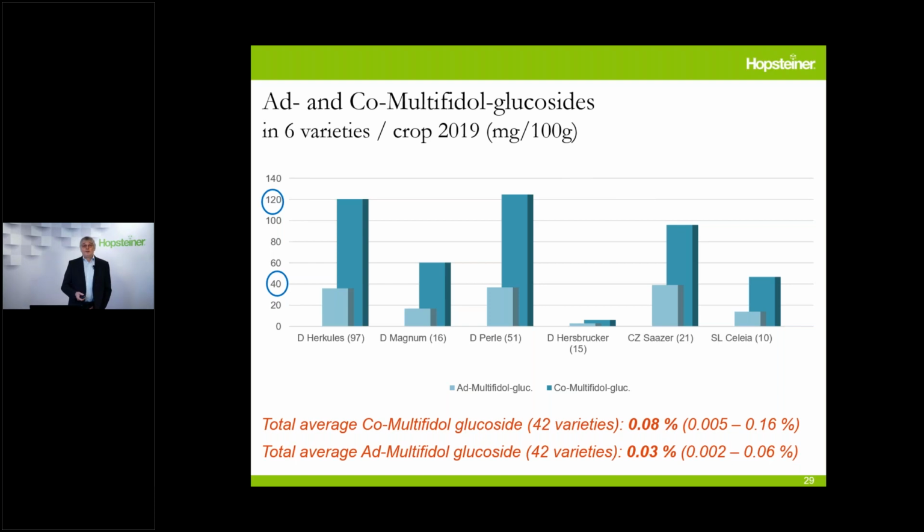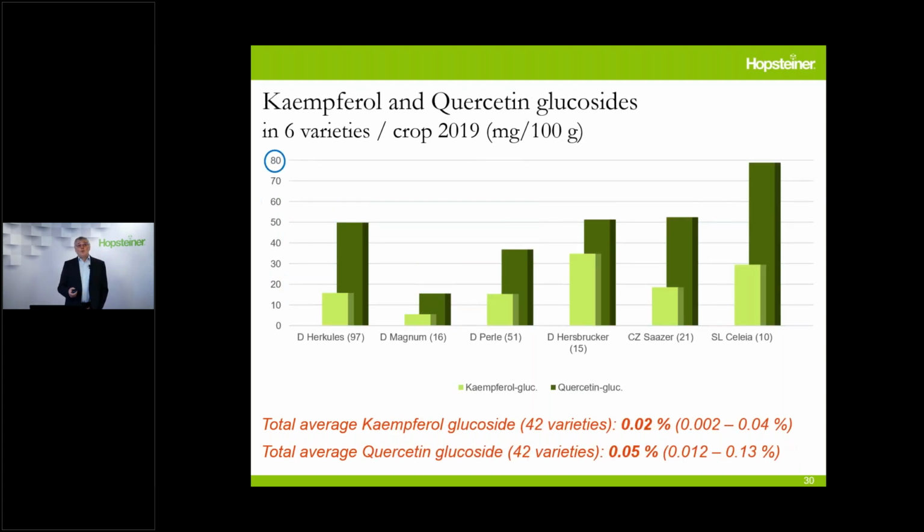Overall, we analyzed 42 varieties, and the average for the co-multivital was 0.08% for all the varieties and 0.03% for multivital. The same for the kaempferol and quercetin glucosides. Again, the same 6 varieties, and the kaempferol glucoside is always lower as compared to the quercetin glucoside.